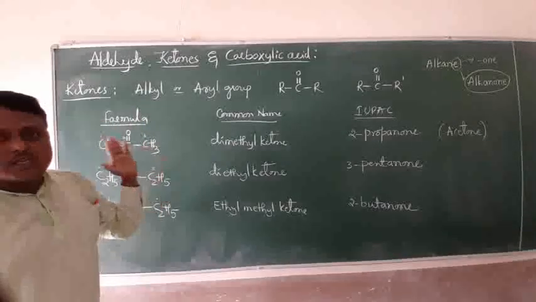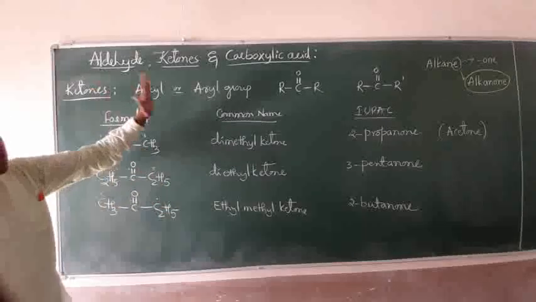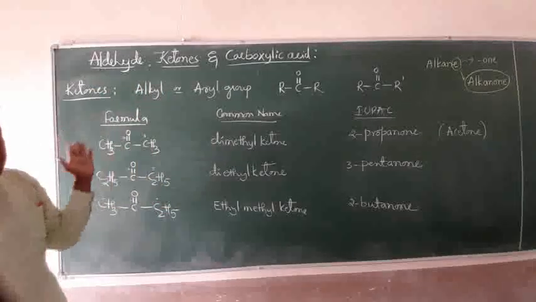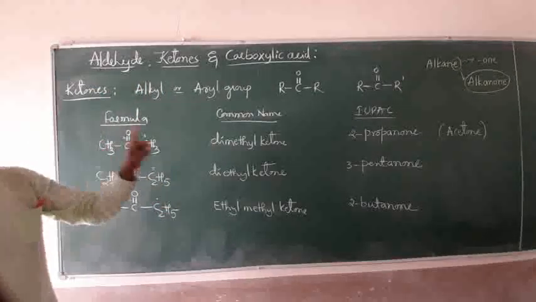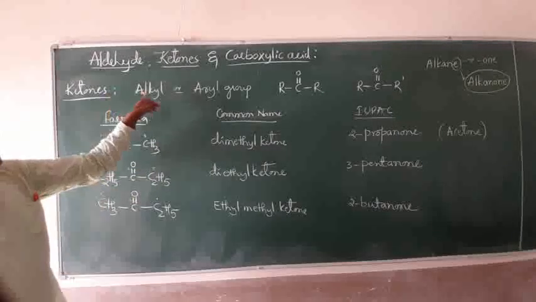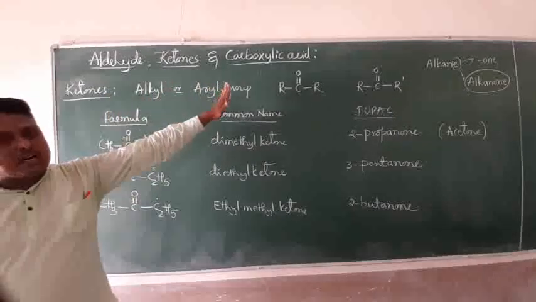Aldehydes and ketones are both carbonyl compounds. Aldehydes are derived from carboxylic acids, and ketones are derived from alkyl and aryl groups.